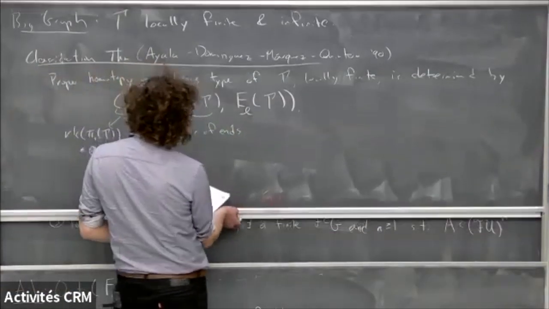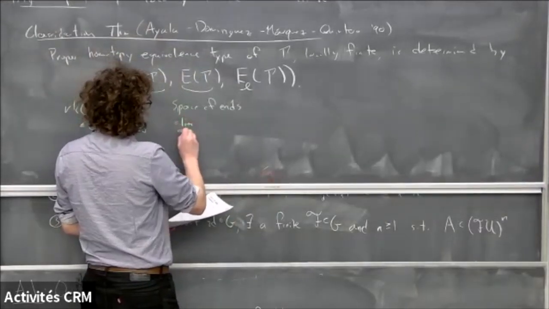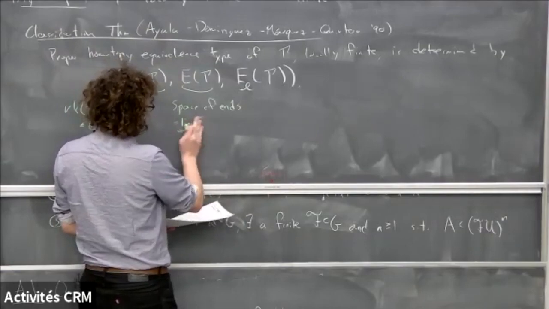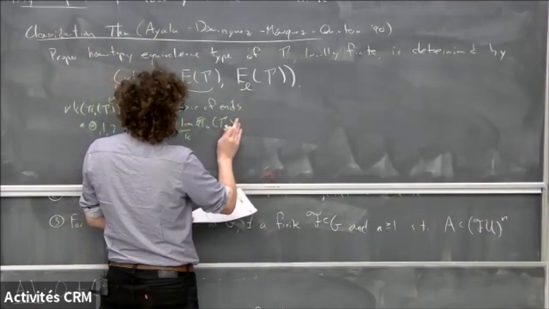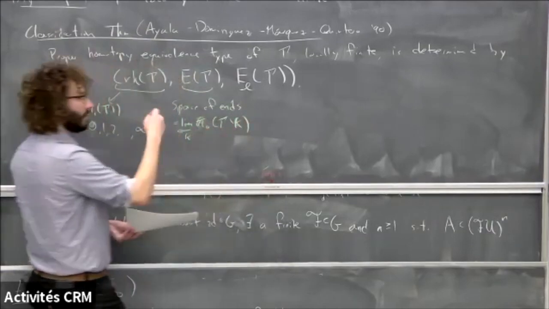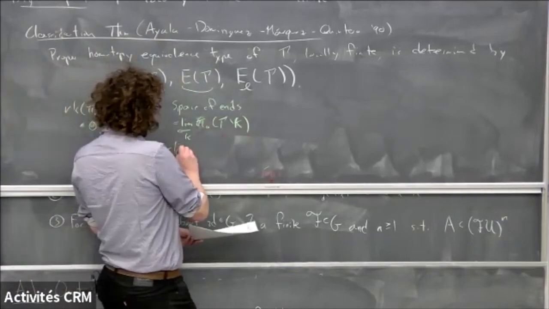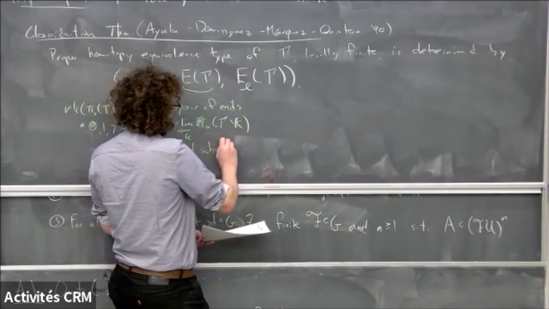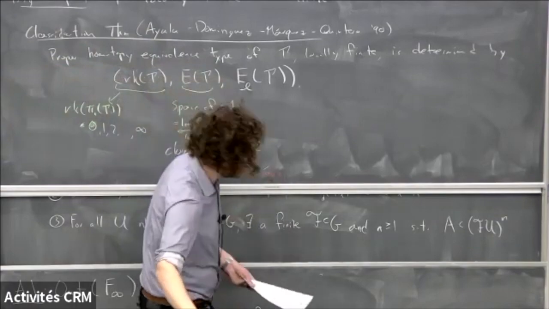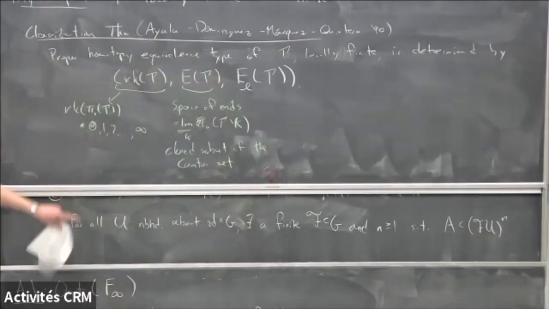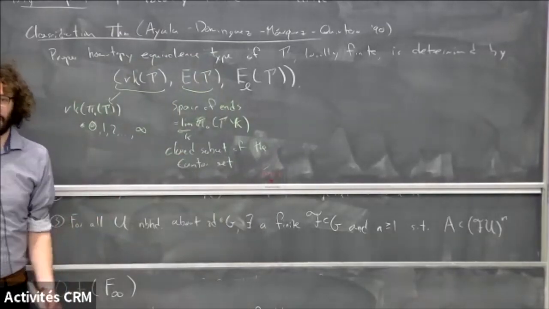You can topologize it, and if you want, you can take it as the inverse limit over compact subsets of the connected components of the complements of compact subsets. And this will always be a closed subset of the Cantor set. In fact, part of this theorem is that any possible closed subset of the Cantor set is realized. You give me any one, there is some graph that has that end space.